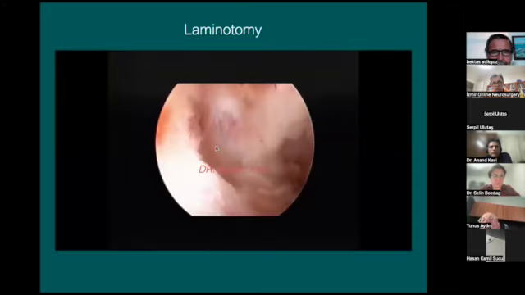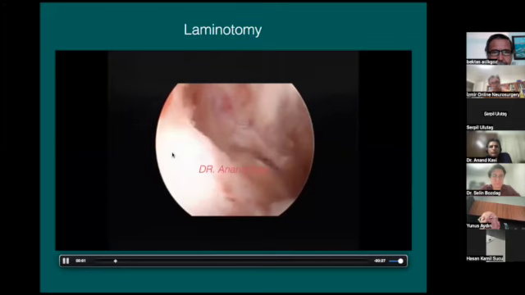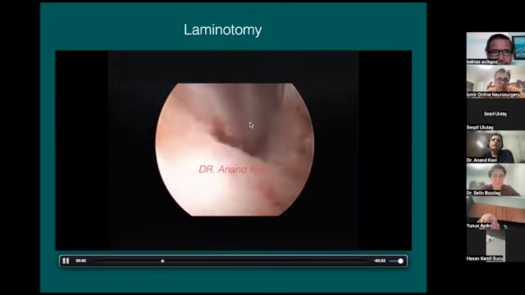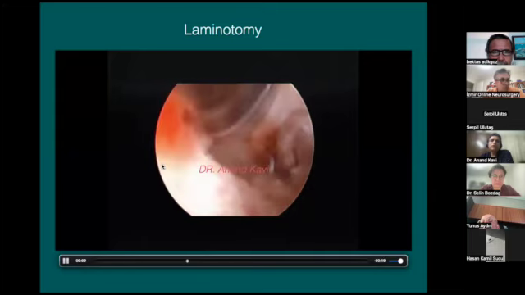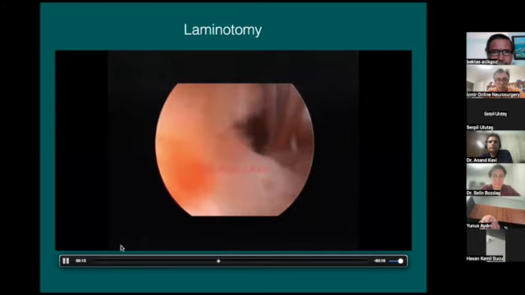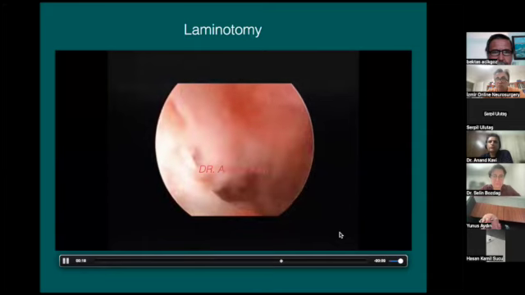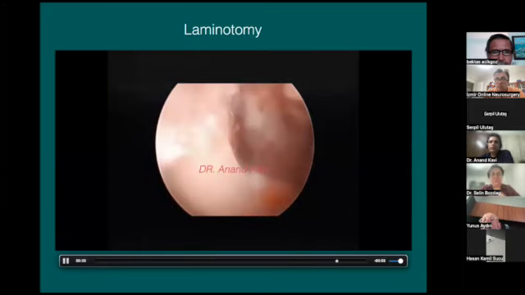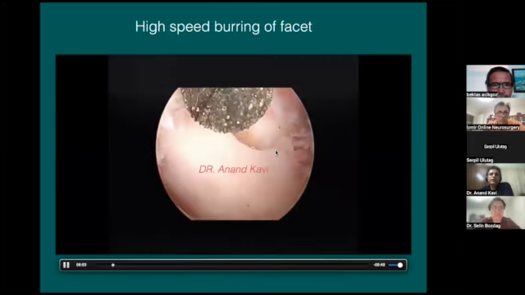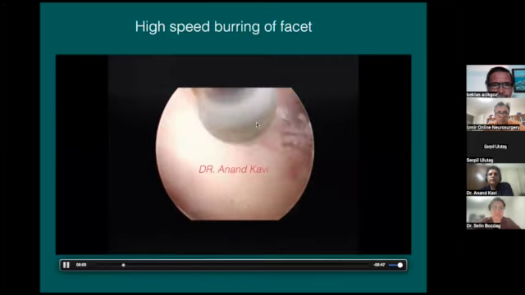So once you do that, you identify the bone. If there is enough space, you can use your Kerrison rongeurs to do a limited laminotomy. So this is how you start doing the laminotomy. Then you can also use a high-speed burr. This is a diamond burr being used to selectively do a laminotomy.